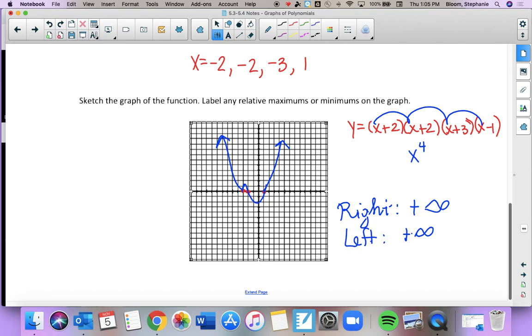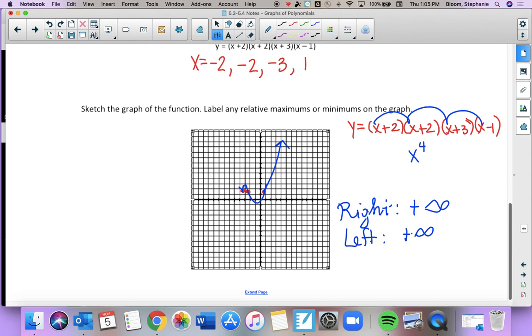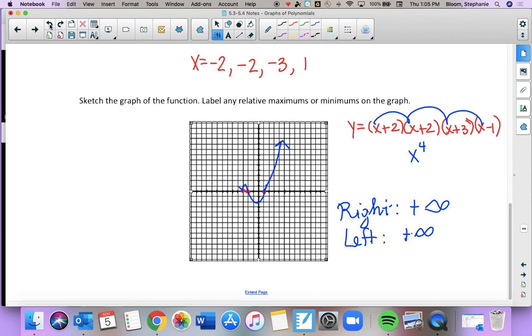Oh, I think I did that wrong. I have it crossing at the wrong spot. Hold on a second. What are my numbers? -2 and -3? So it's supposed to bounce at -2, right? Okay. So it would bounce here and then come back through. There we go. That's more like it. Sorry about that.